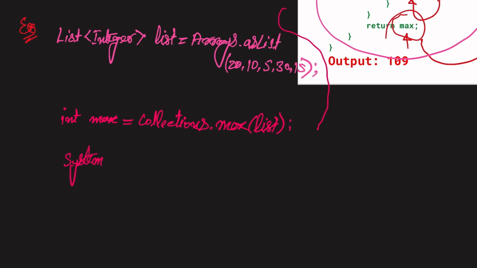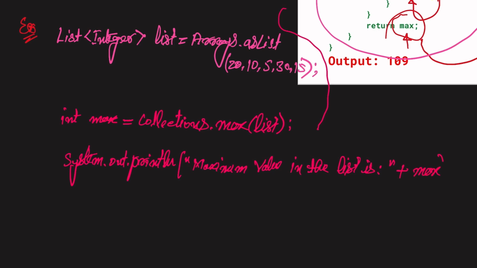System.out.println, maximum value in the list is max. This is the correct implementation. You can do that for a list but not for arrays.